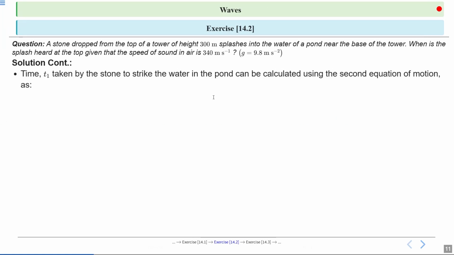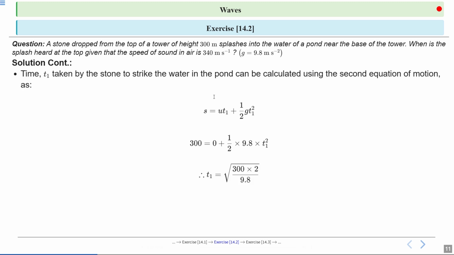Now, the time t1 taken by the stone to strike the water in the pond can be calculated using the second equation of motion, s equal to u t1 plus half g t1 square. Substituting the given values, we get 300 equal to 0 plus 1 by 2 into 9.8 into t1 square.